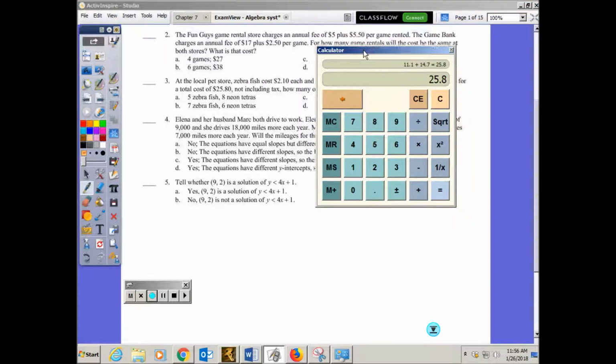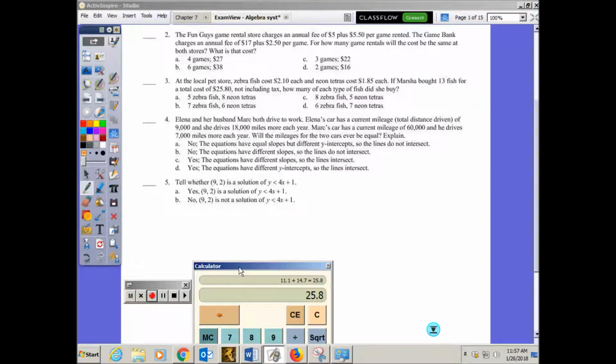So for number 4, Elena and her husband Mark both drive to work. Elena's car has a current mileage of 9,000.